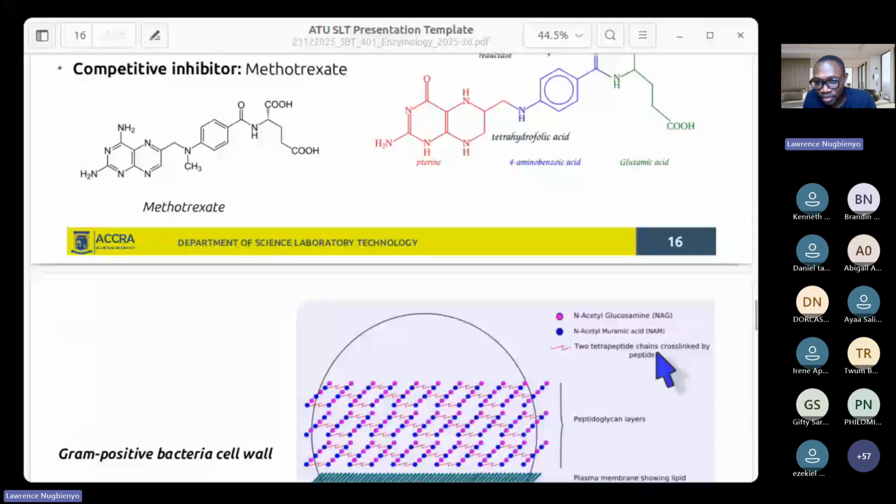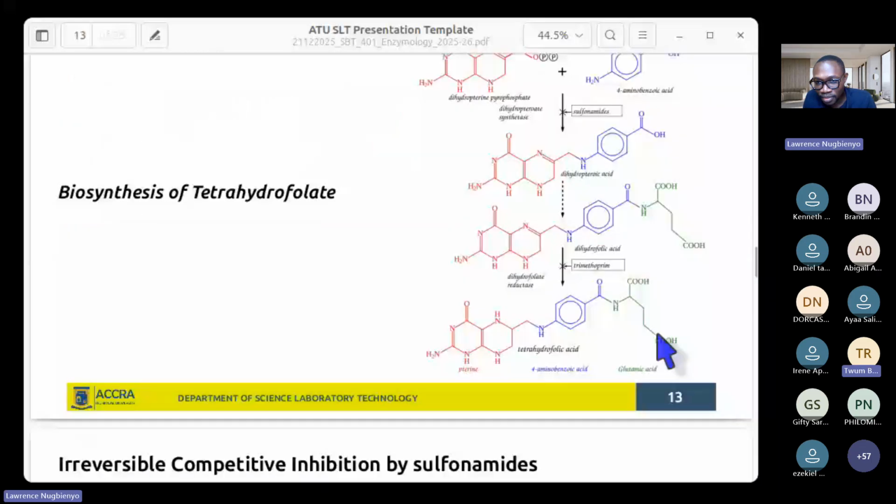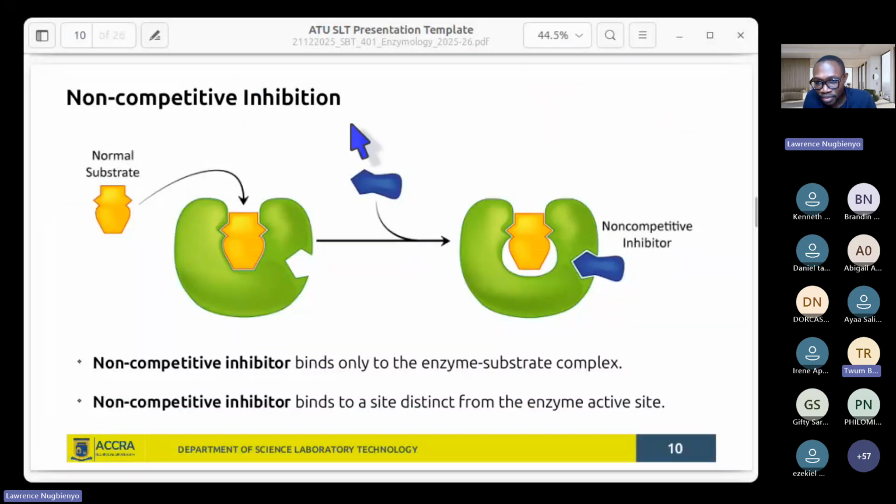Okay, so if you have an inhibitor which is binding to the enzyme, you are talking about this non-competitive inhibition. When it binds to it, yeah, it prevents the reaction from proceeding. So the reaction will not proceed.